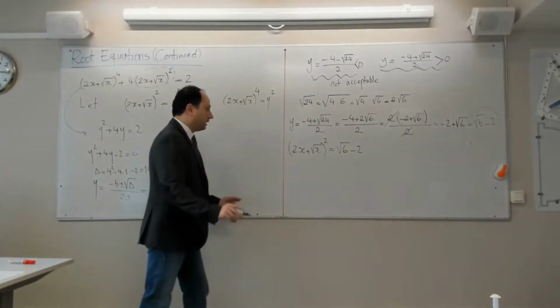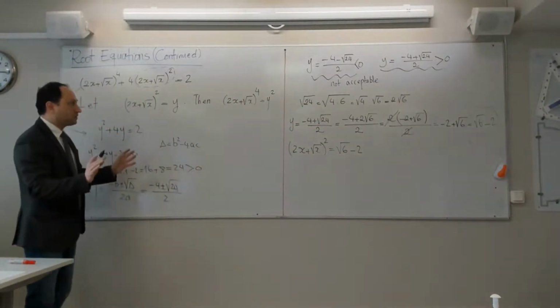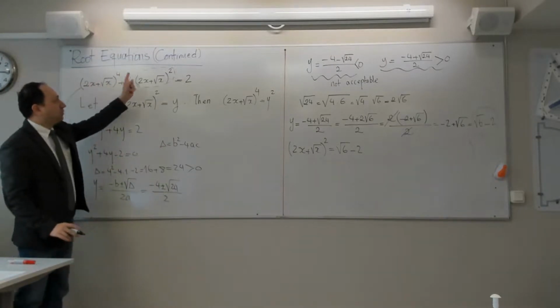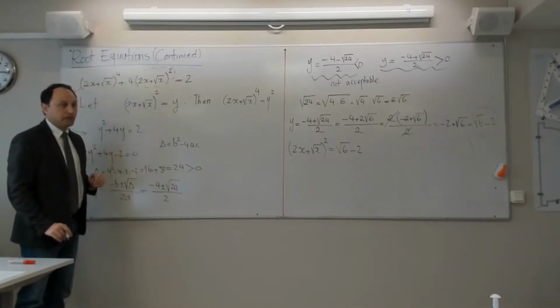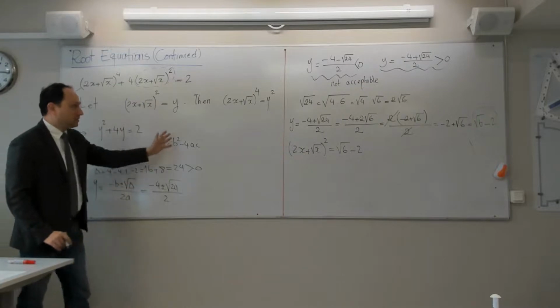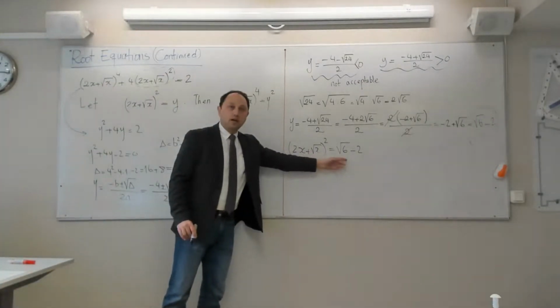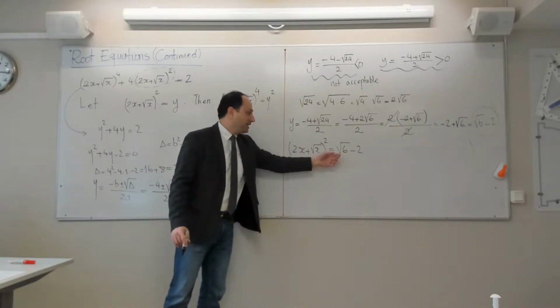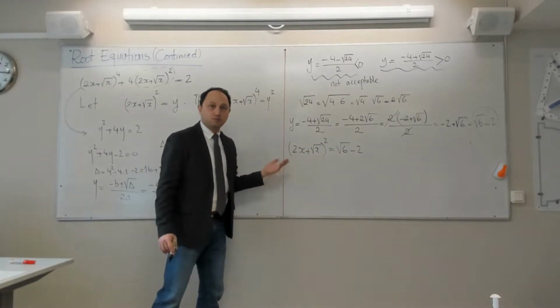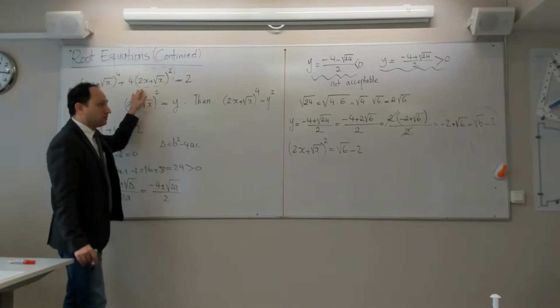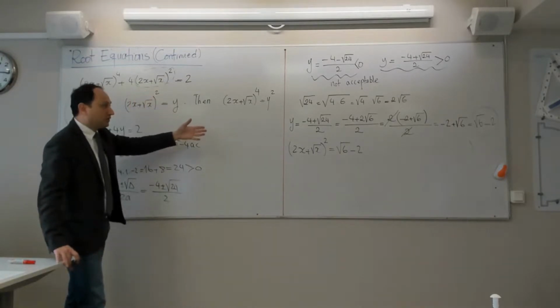Now, let me tell you something. The original problem was this. After all these calculations, I changed my problem to this problem. And hopefully everyone can see that this problem is much simpler than the original problem. So this is not for nothing.